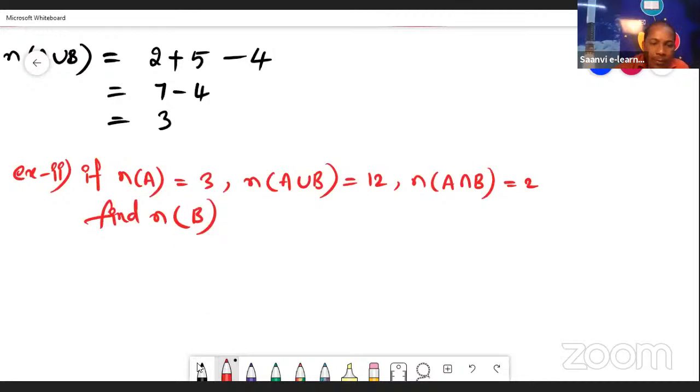So again, the same formula we can apply. Whatever it may be, we have to apply the same formula.